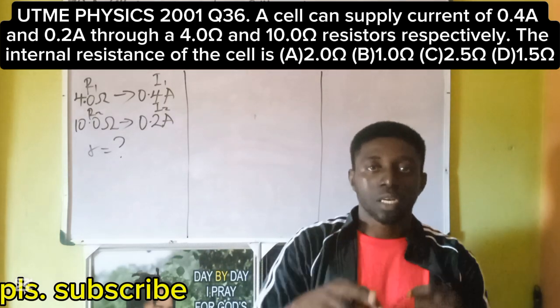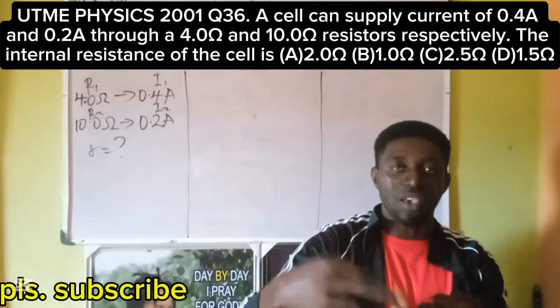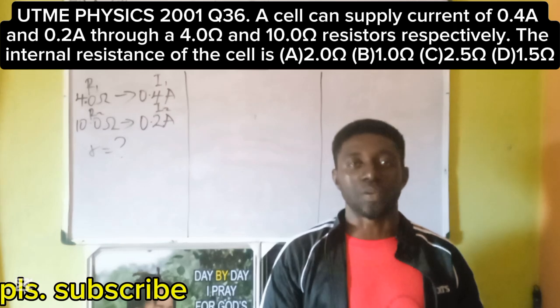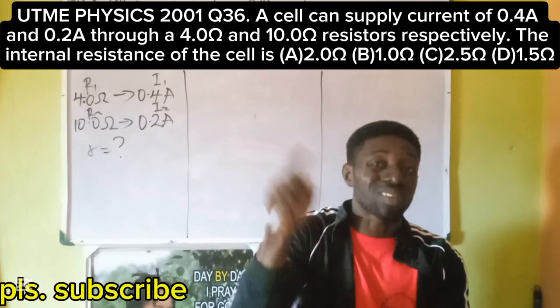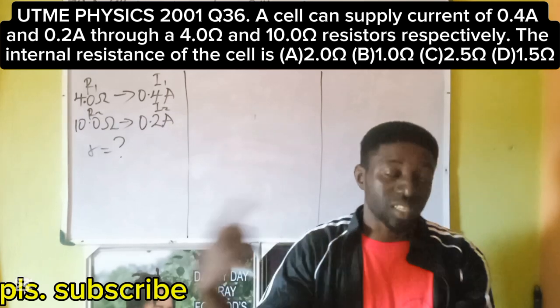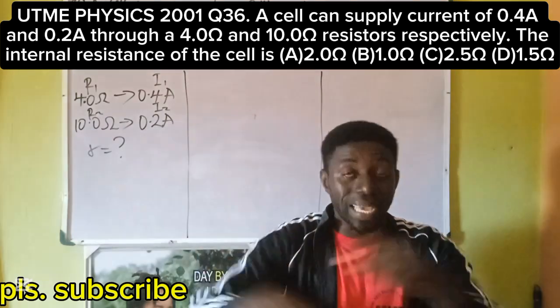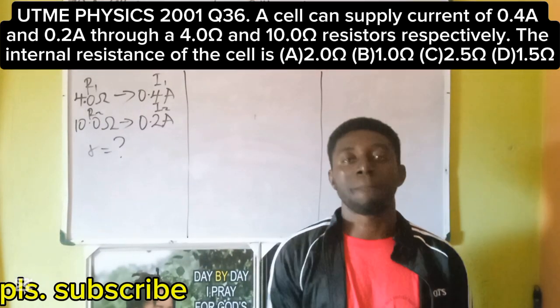The current is a variable, the reading was changing. The resistance is a variable, the reading was also changing. But something never changed in the experiments: the cell itself was never replaced. The experimenter was replacing the resistor, which brought about change in current. But the cell was maintained. Therefore, the internal resistance inside that cell will also be the same.